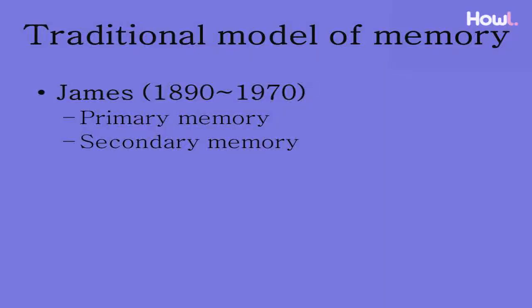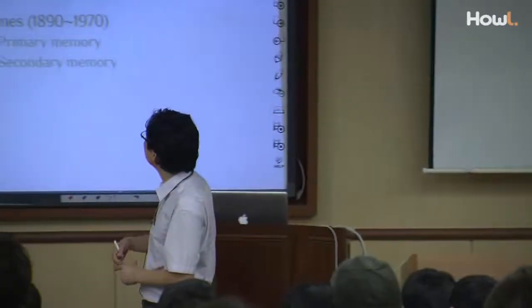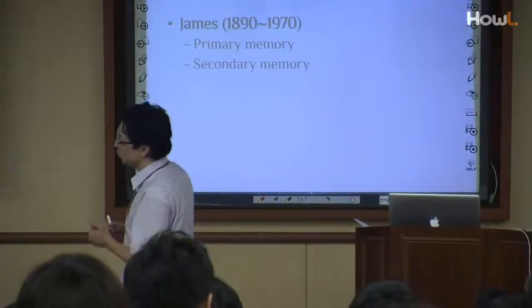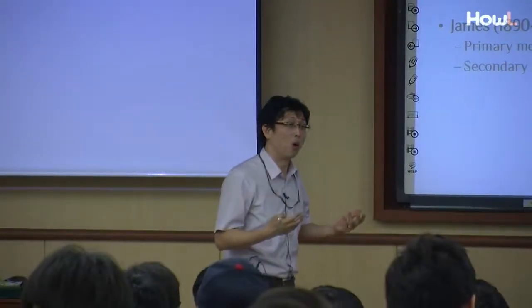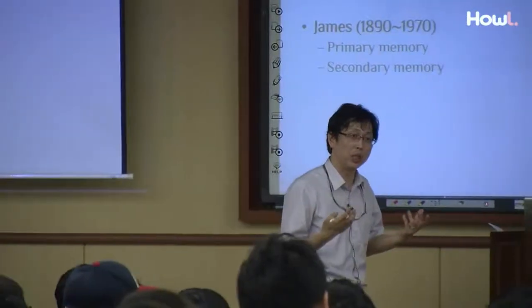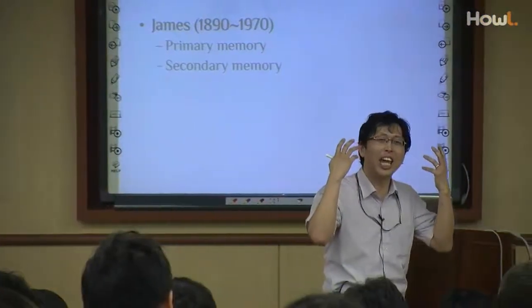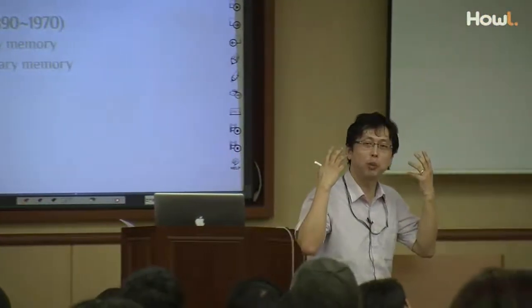William James, in the 1800s to 1900s, was a kind of philosopher, not a psychologist yet. At the time, psychology was not a major research area. But William James was trying to think that probably we have two different types of memory. One is primary memory, which we can process like the cache in your computer, really fast, but easily forgotten.